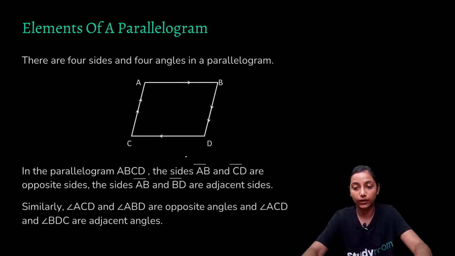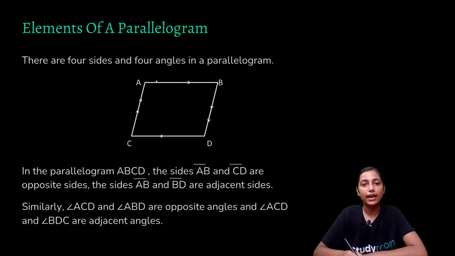Elements of a parallelogram. There are four sides and four angles in a parallelogram, and in the parallelogram ABCD, the sides AB and CD are opposite sides, and the sides AB and BD are adjacent sides.